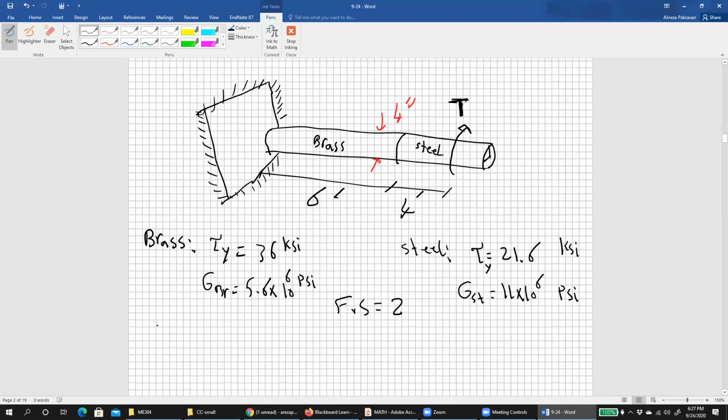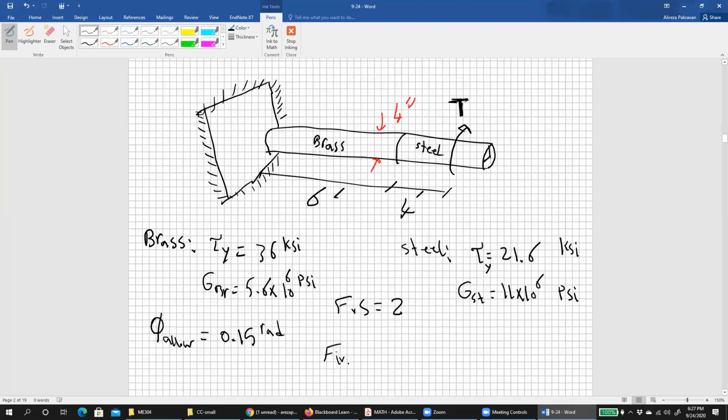And phi max, or phi allowable, would be just 0.15. That's great, right?